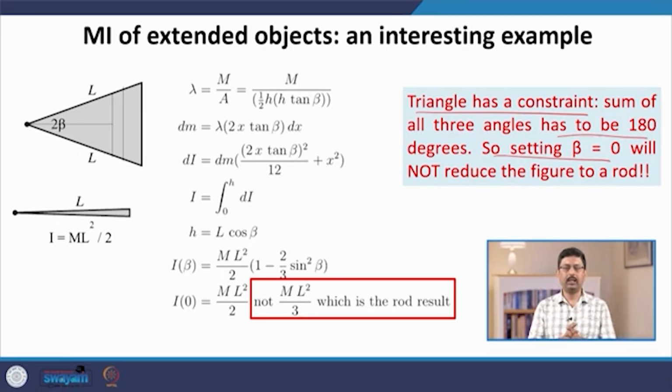To summarize, what we discussed today are several examples of simple shaped objects and how to calculate their moment of inertia. Essentially this is a calculation of integration, but you have to be careful about setting the limits. The first thing you should remember is the pivot point about which you are calculating the moment of inertia.